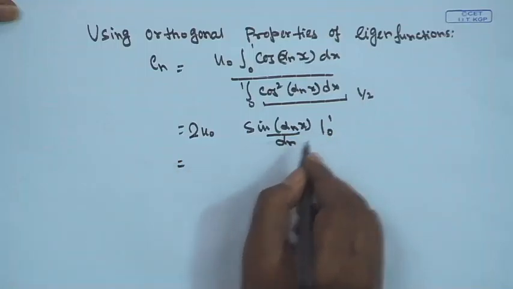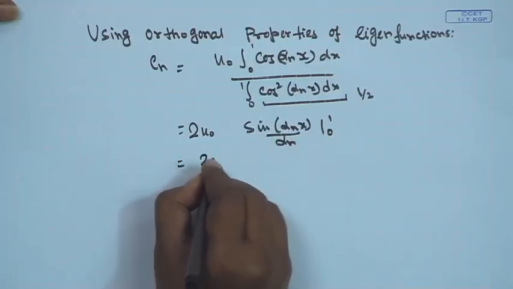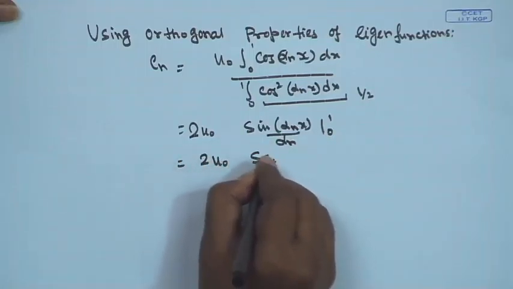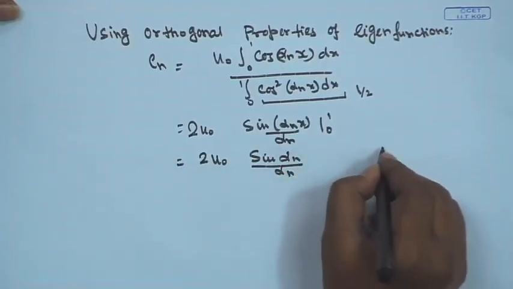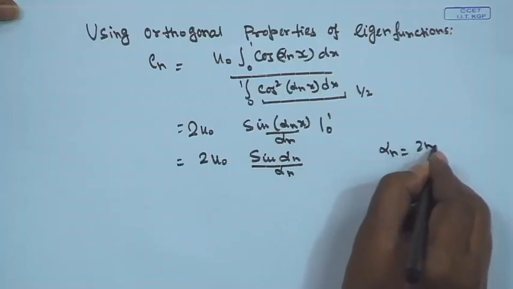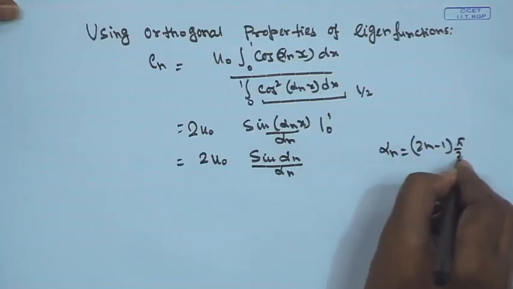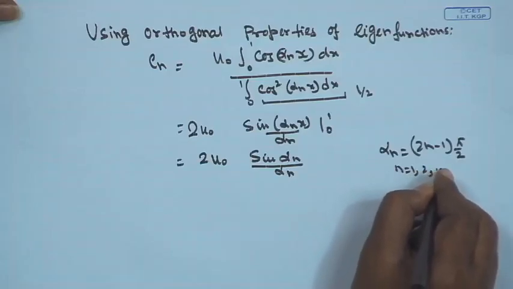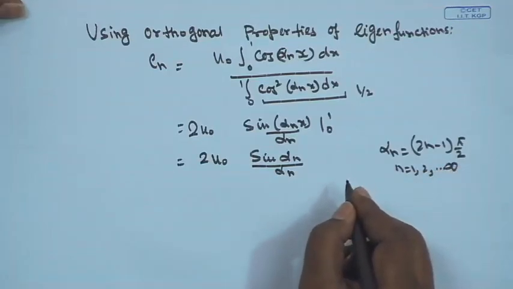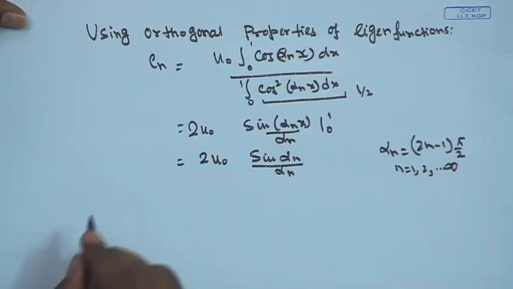So, sin 0 is 0. So, only one term will survive here, 2 u 0 sin alpha n divided by alpha n, where alpha n is equal to (2n minus 1) pi by 2, the eigenvalues, and the index n runs from 1 up to infinity, because there are an infinite number of eigenvalues present in this system.